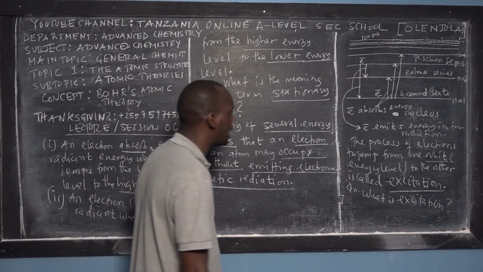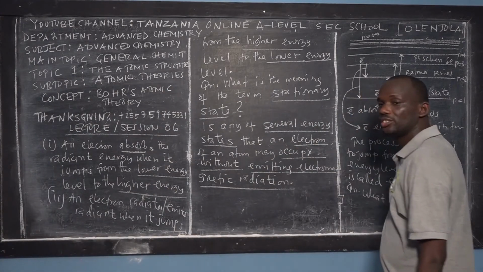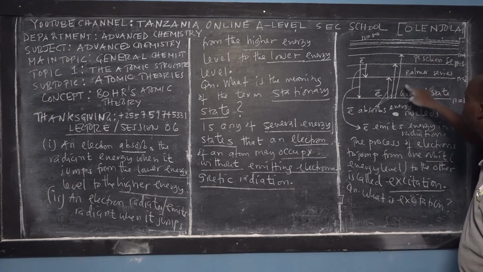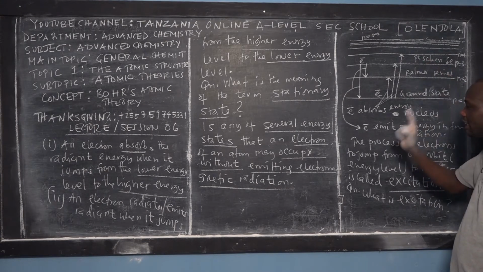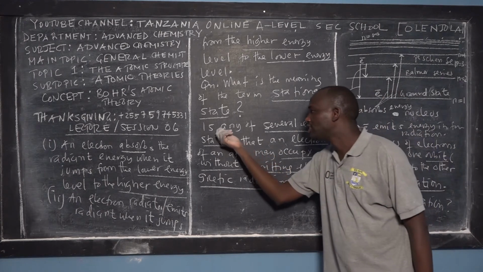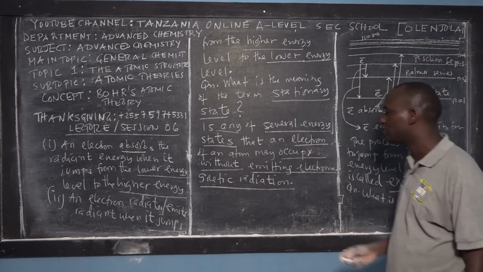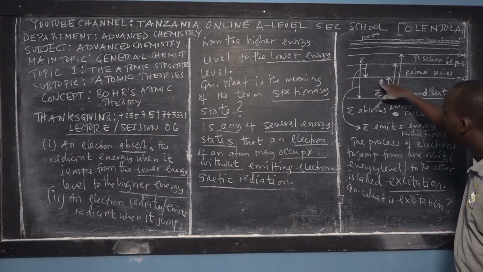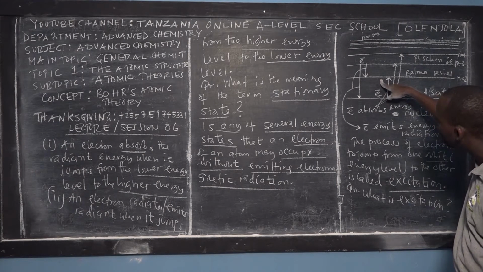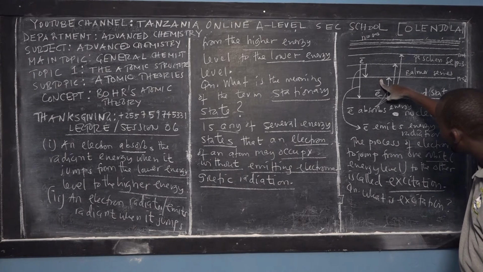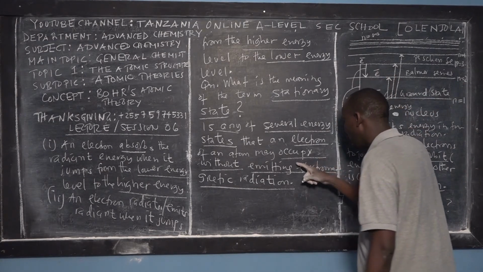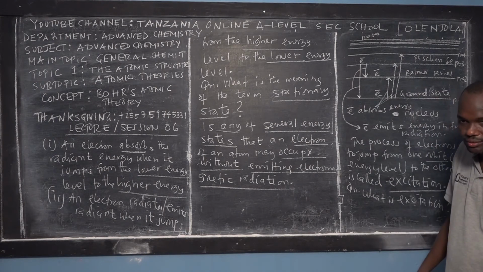For example, this is the ground state. This is Bohr's state. This is the Paschen state. This is the lower energy state. So any, not only the ground state is a stationary state. No, any. This one, this is Bohr's, right? We call it a stationary state if an electron staying here does not emit electromagnetic radiation.